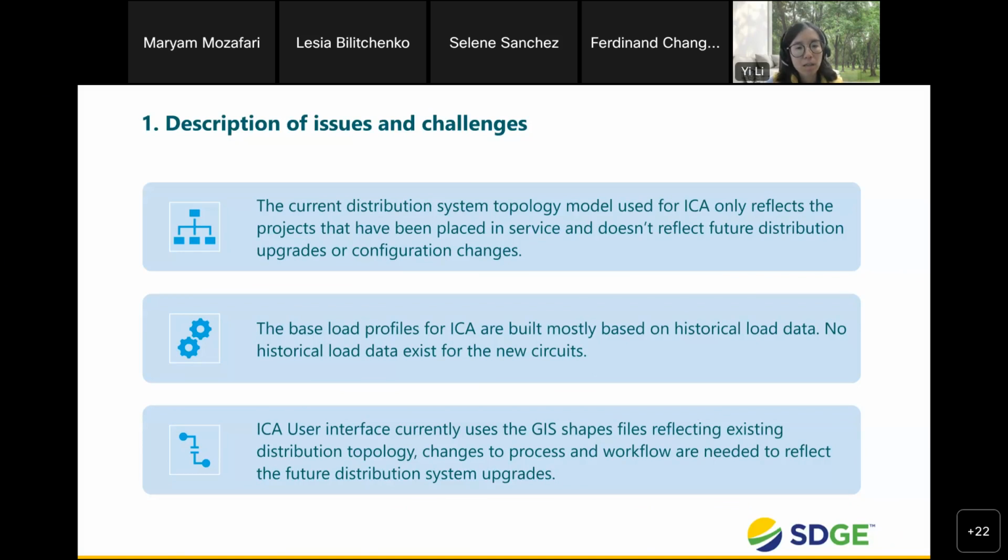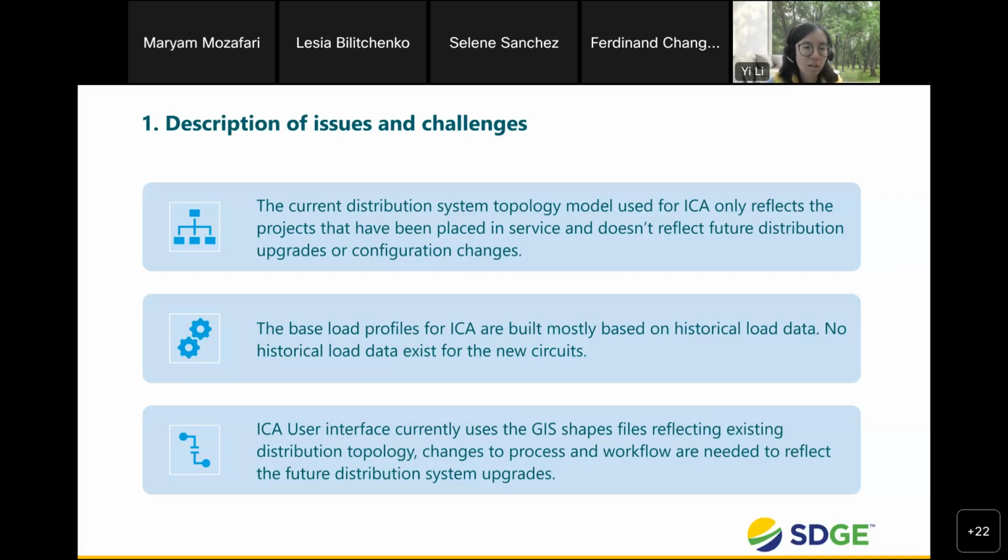Currently, as I laid out earlier, the Load ICA is based on the current distribution system topology model, which typically comes from each utility's GIS system. For SDG&E, our GIS system feeds into the Load ICA model. So that reflects the projects that have been placed in service and does not really reflect the future system topology, which may be coming from the distribution system upgrades that are identified or just the permanent system configuration changes that need to happen to the topology.